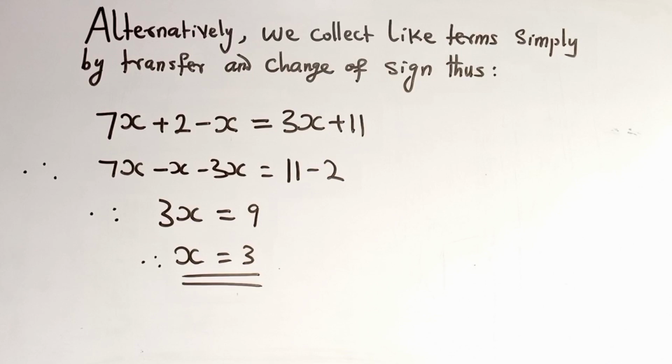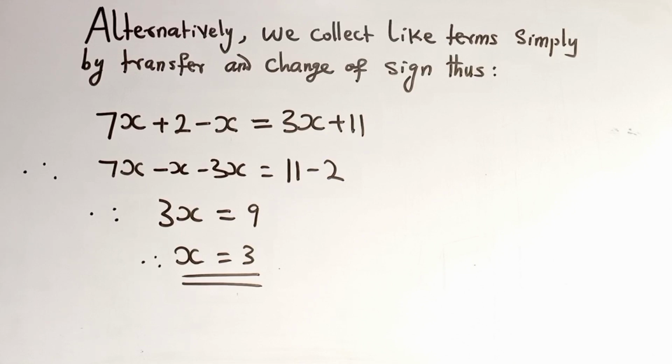The first method takes time, but it traces why this method we're using right now is clear and applicable. So this alternative method is faster, and many persons who evaluate students on solving equations do not frown at this method.